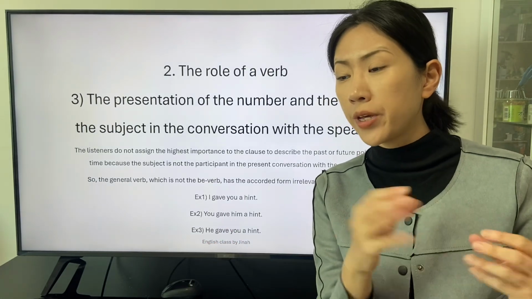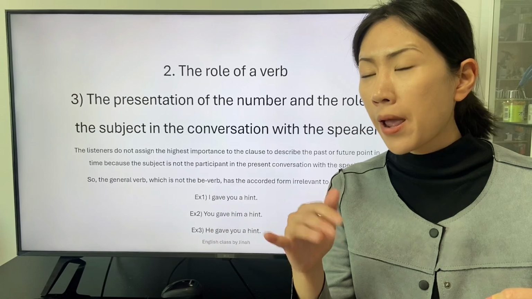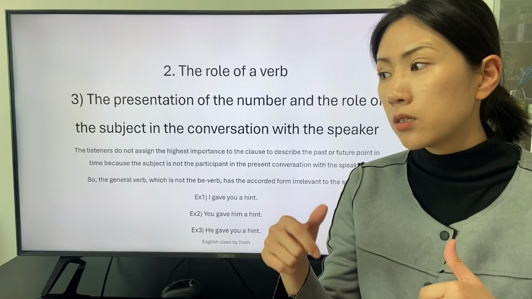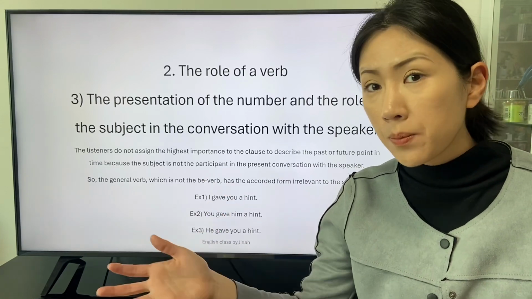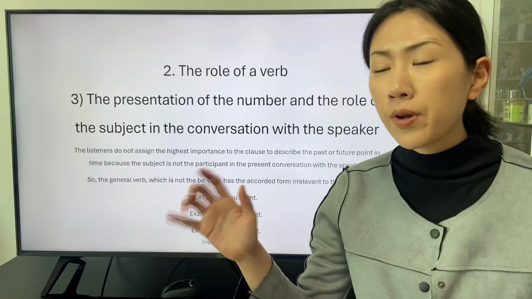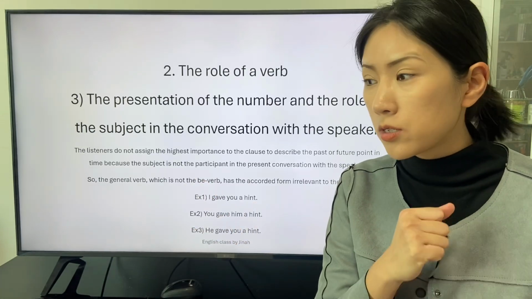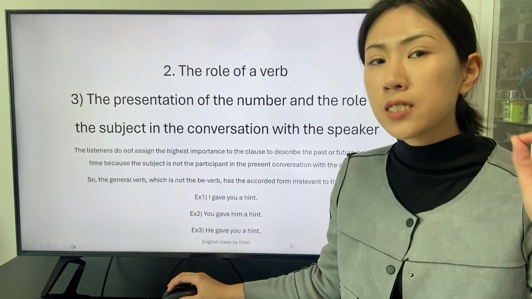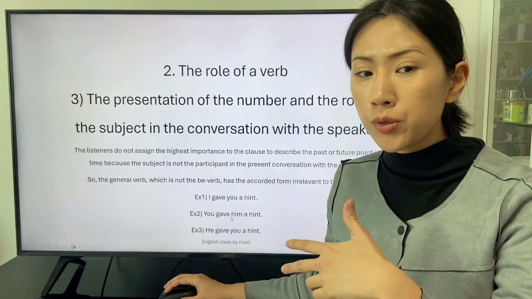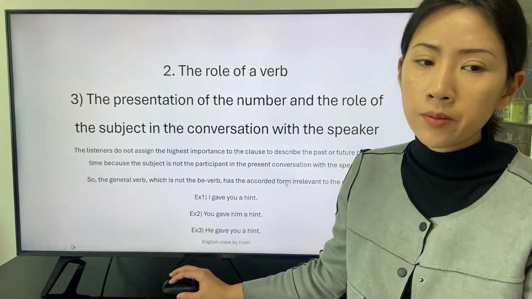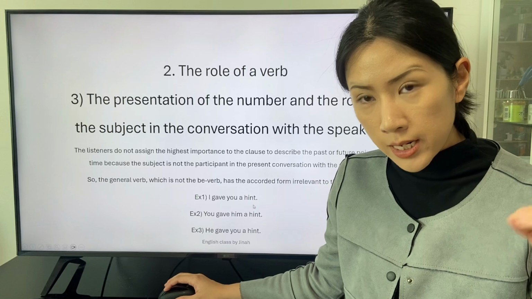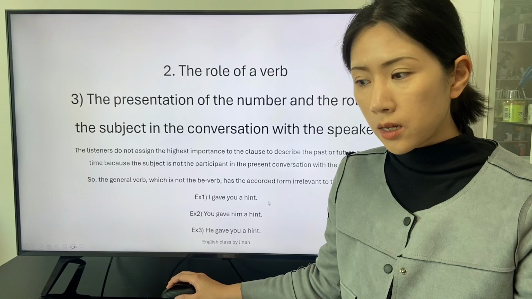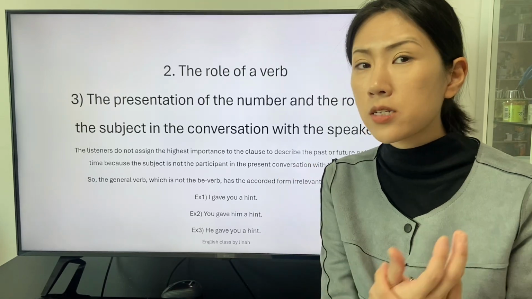The speaker who gives the higher priority to the definition of the verb rather than the subject described by the verb does not reveal the information about the subject in the form of the verb. This tendency applies to these clauses as well. The action indicated by the general verb gave in the past is prioritized by the speaker.